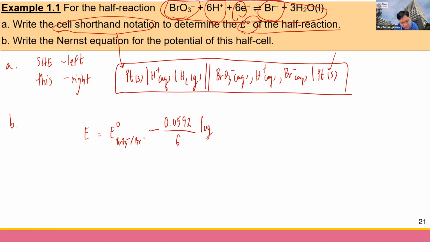On the product side, you have only bromide. And water is pure, so we don't include it in the reaction quotient. But in the denominator you have bromate, right? And proton. But your proton has coefficient 6, so it has to be to the power of 6.